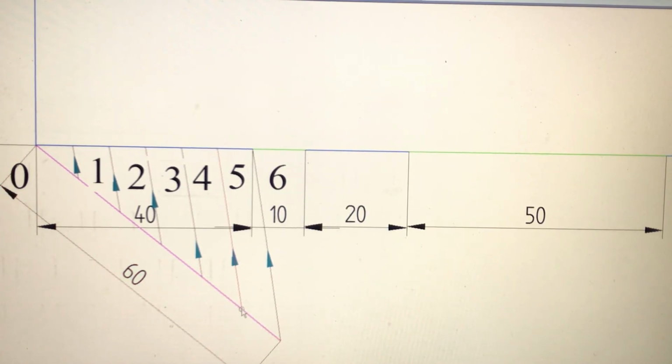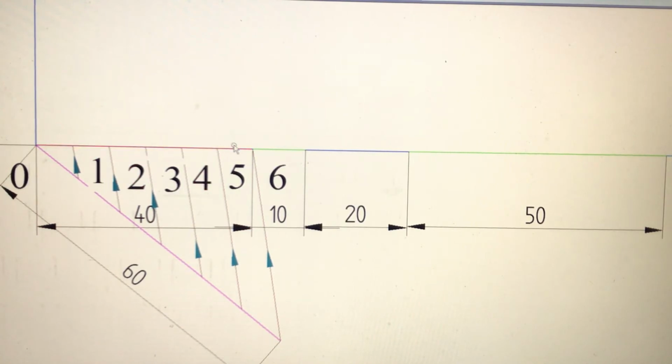From that point you join up to 5. Make sure these two are parallel. You should draw parallel lines only. Next again 10 more mm. From this point draw a line parallel to these two lines, up to 4. Likewise you draw 6 lines: 1, 2, 3, 4, 5, 6.